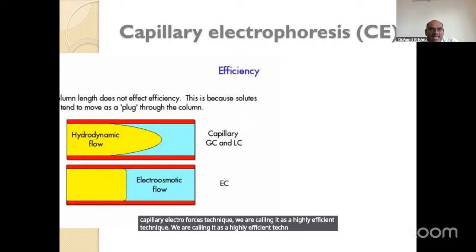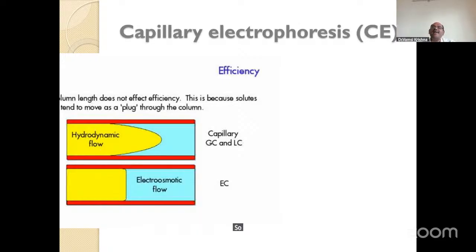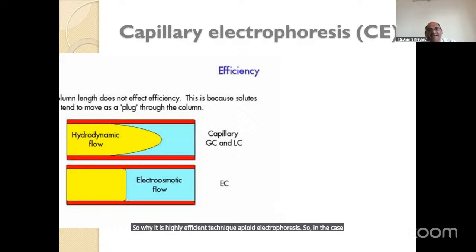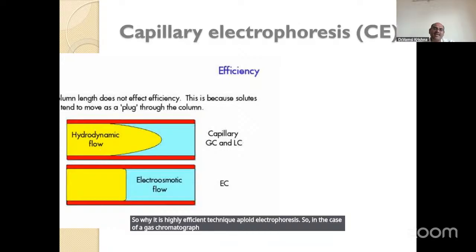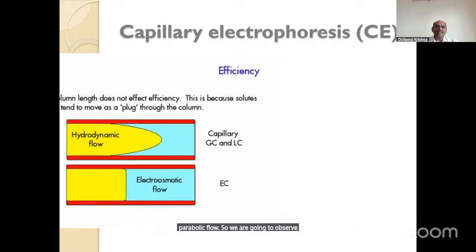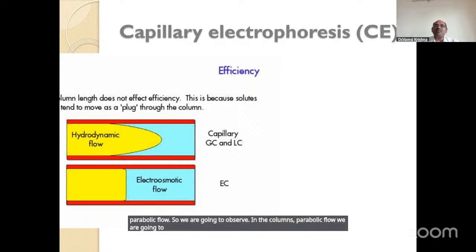In gas chromatography and liquid chromatography, the flow of the mobile phase is a hydrodynamic flow, which we call a parabolic flow. We are going to observe parabolic flow in the columns in both gas chromatography and liquid chromatography.